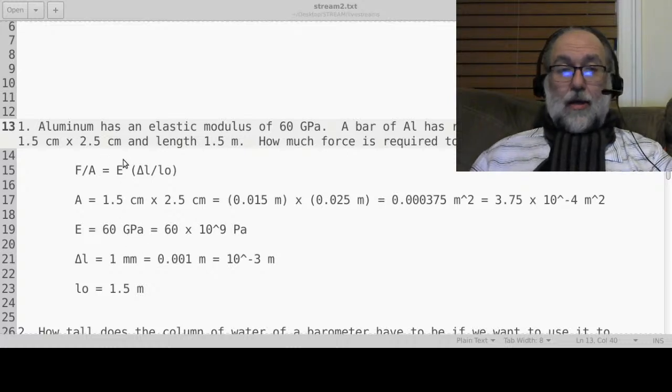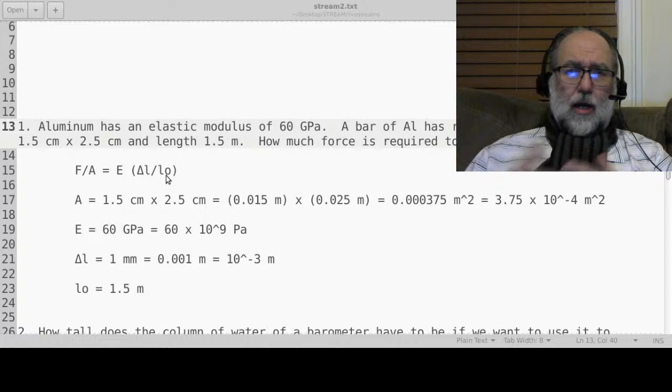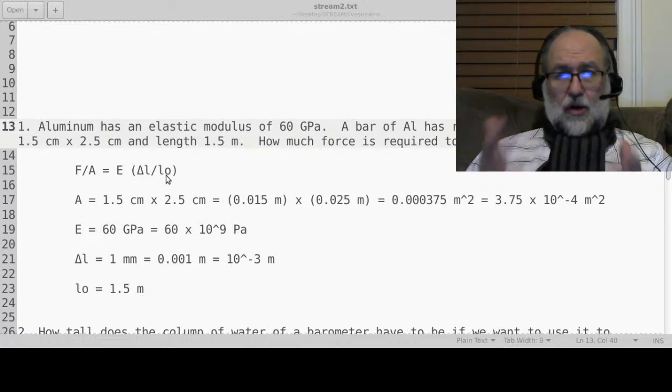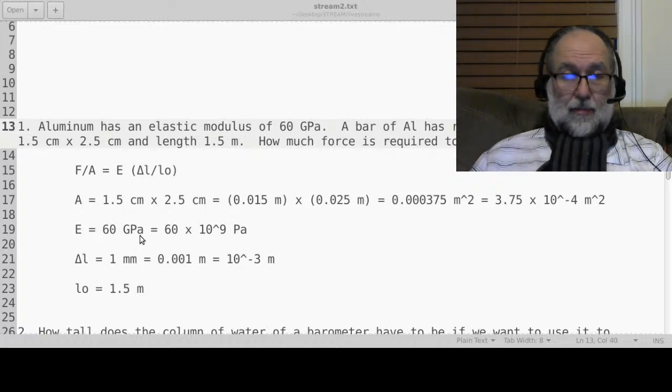When we plug into formulas, we want to convert everything to MKS. The reason being that if you plug in the numbers in MKS, you're guaranteed to get MKS out. But gigapascals is not MKS. Pascals is MKS, and so you have to get rid of the giga there. Giga means billion.